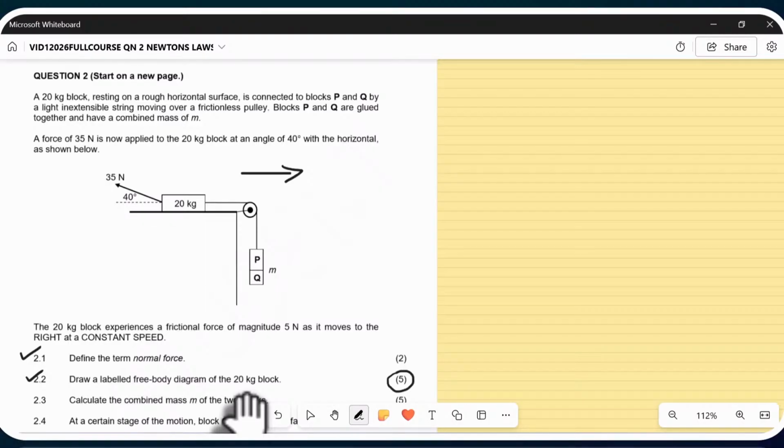Because we are going in this direction, we're going to have our tension T, and then frictional force opposing the motion, that's our Fk, and then this force here, the 35 newton force. And then the weight, vertically downward, that's our Fg, and then the surface exerts a normal force, that's it.